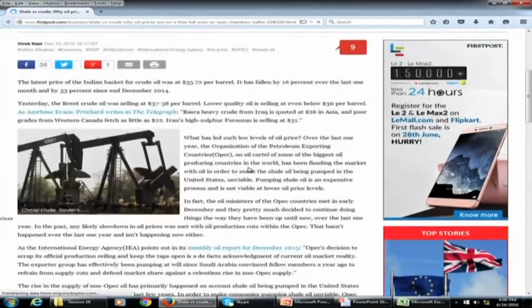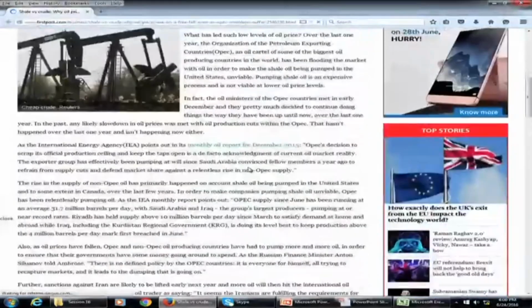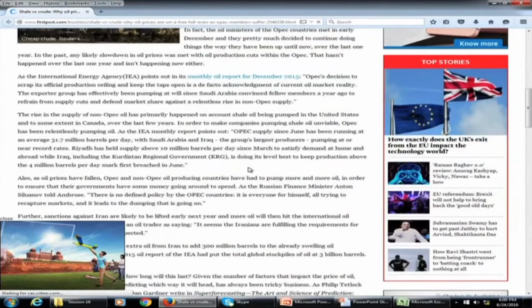Please read this article. It is a nice article which shows very clearly why OPEC has abandoned its role as swing producer, because doing so is not going to impact the crude oil price.